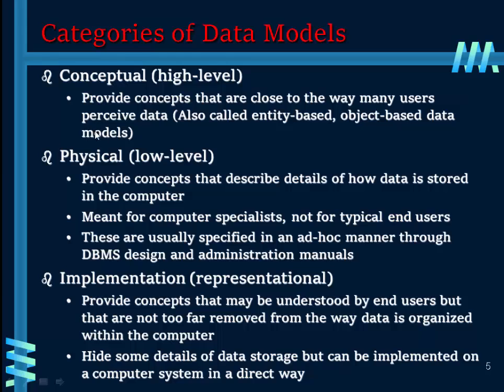Relationship means an association between two or more entities. For example, let us take two entities, employee and project. There is an association between employee and project, and that association is called works on.